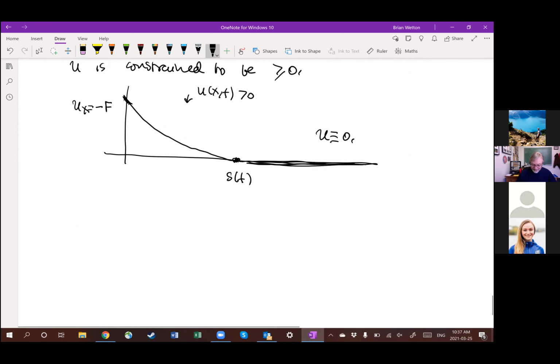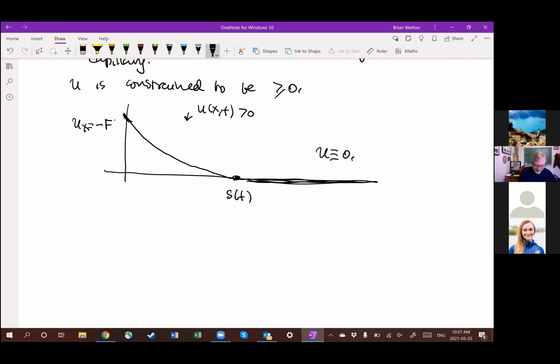This F could depend on time, so this shape is going to move around. And I need some conditions here, right? I've got that UT is UXX minus 1.